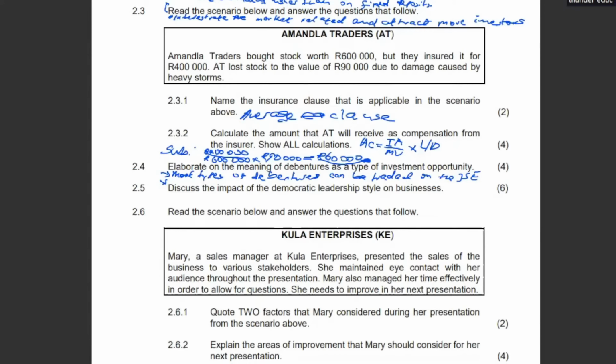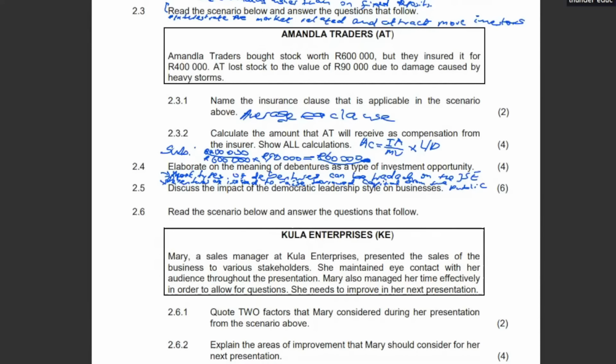So we're saying that debentures are issued to raise borrowed capital from the public, right? So now let's move on to 2.5.